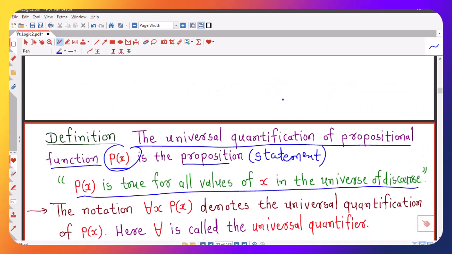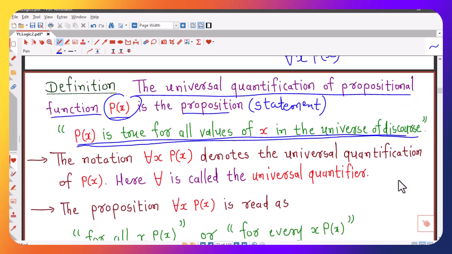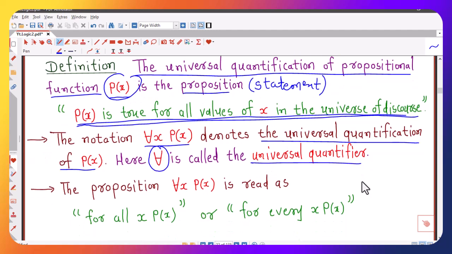Whenever I write "for every x, P(x)", that means statement function P(x) is true for all values of x in the universe of discourse, and this notation for all x P(x) denotes the universal quantification of statement function P(x), and this symbol is called the universal quantifier.